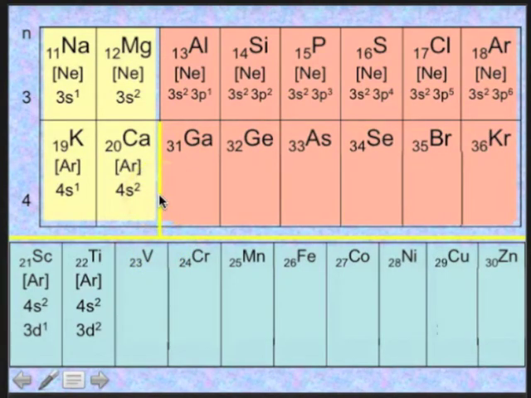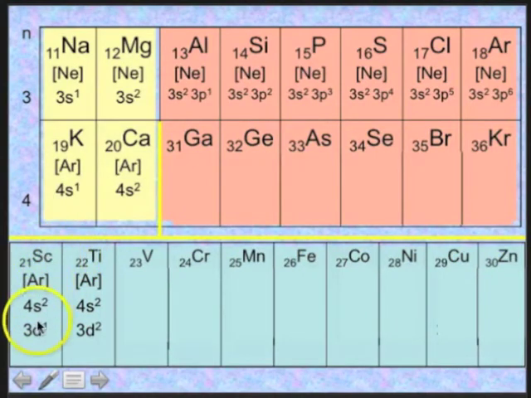Their energy level is a little bit higher than the 4s, and therefore electrons flow into the 4s before they start filling in the 3d. The 4p, on the other hand, is energetically higher than 3d, so it begins to fill up after all the d orbitals are filled up in the n equals 3 level.